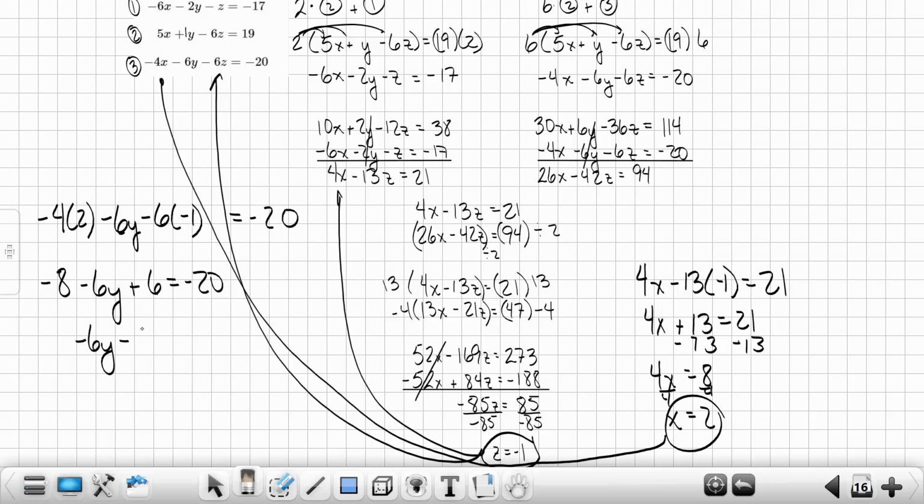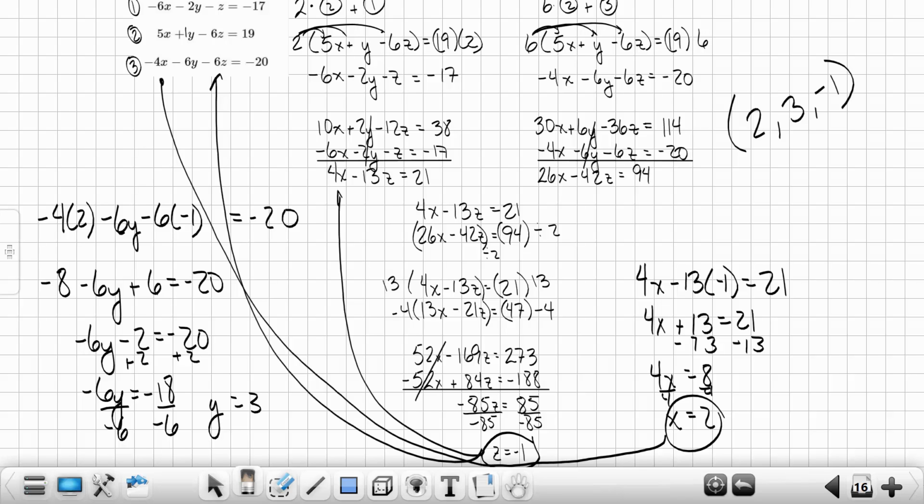Negative 6y minus 2 equals negative 20. Add 2, negative 6y equals negative 18. Divide by negative 6. And I get y equals 3. So I found my x, I found my y, I found my z. So my solution is 2, 3, negative 1.